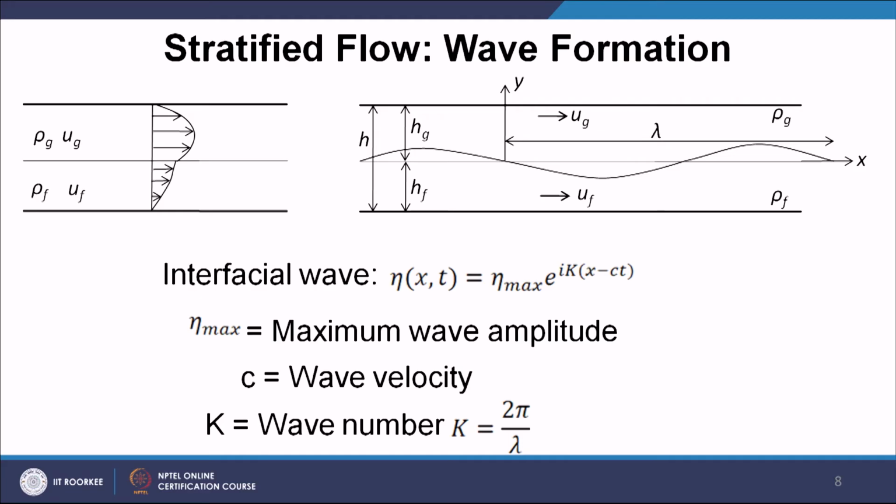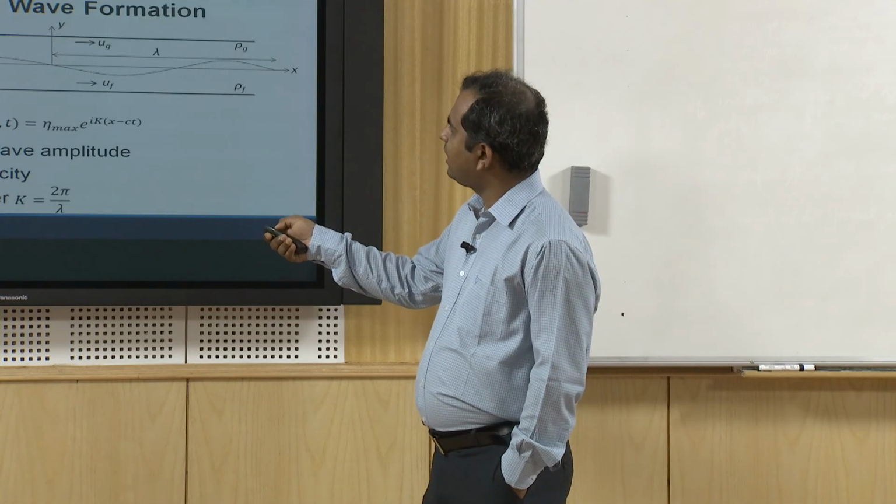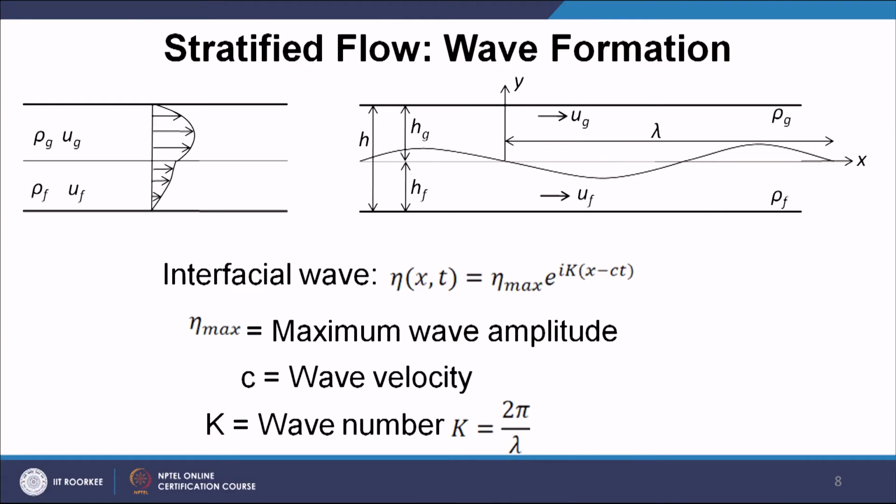Now, what we will be doing over here in this stratified flow, we will be imposing the waves. Okay. So, all of us know that let us say this is the unundulated stratified phase interface, okay, somewhere lying over here, at a height of hg for the gas and hf for the liquid, whereas total channel height is h.